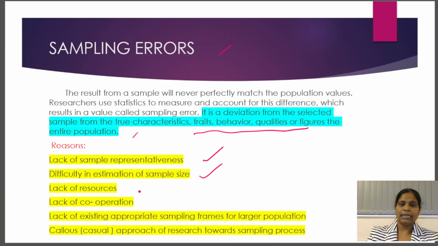Another thing is lack of resources, the resources we need to conduct a study. Suppose you want to conduct an experimental study on a population, where you treat them with something, for example applying a pain relief gel on persons having knee joint pain, and see the effectiveness.